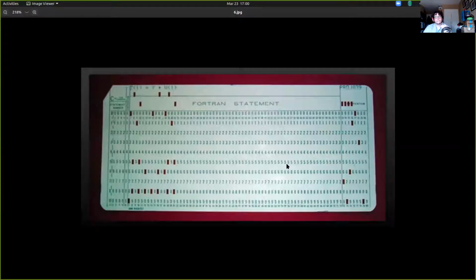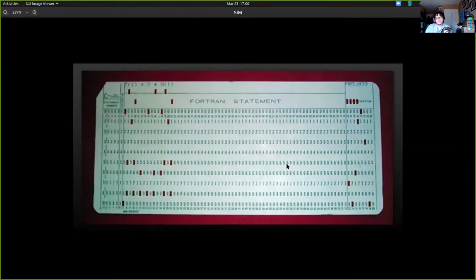Okay, so for example, anybody know what this is? Any idea what this is?